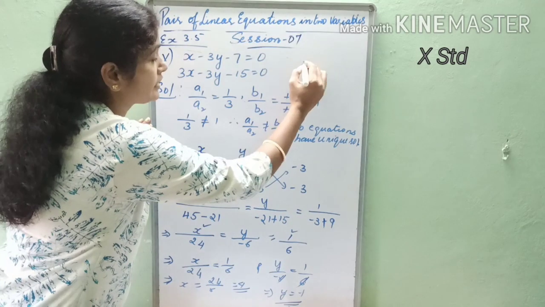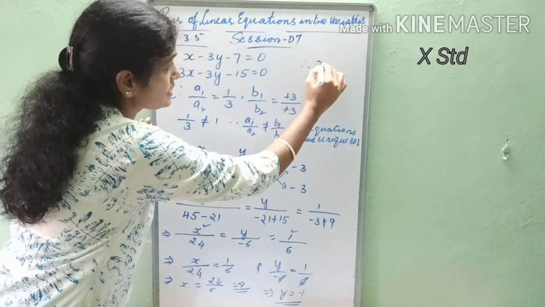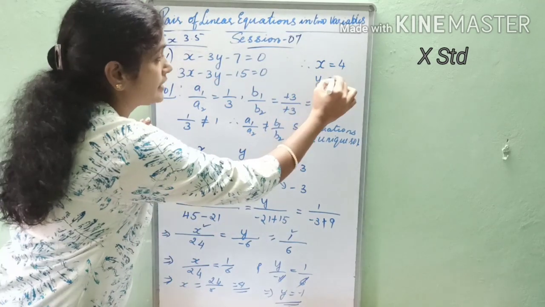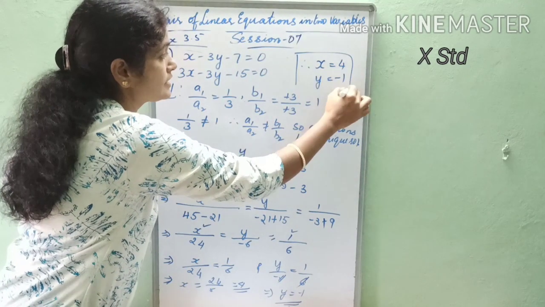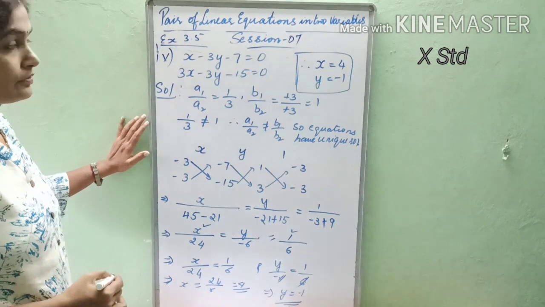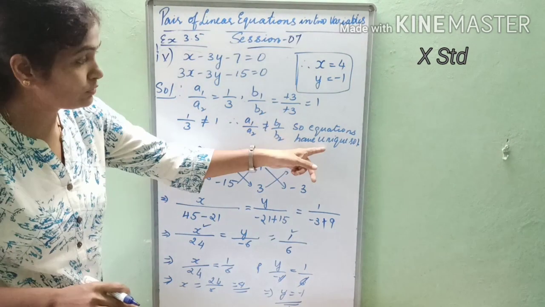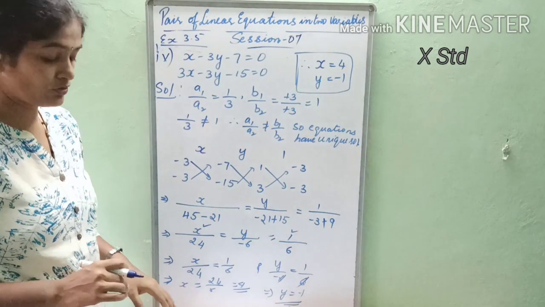Fine. Therefore, x is equal to 4 and y is equal to minus 1. These are the solutions for this pair of linear equations. That is a unique solution. So unique solution we are getting.